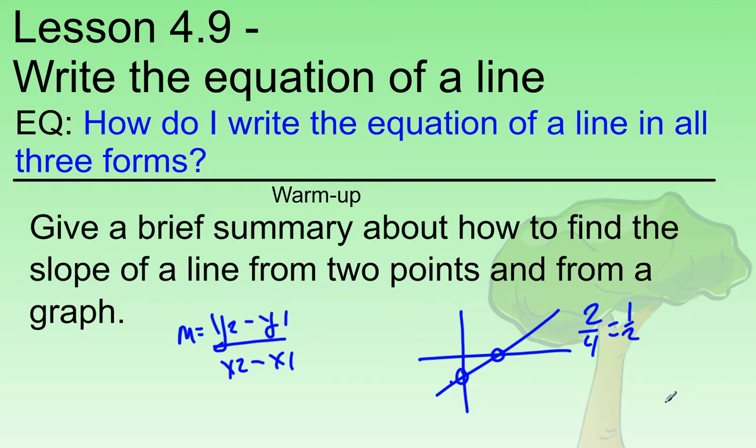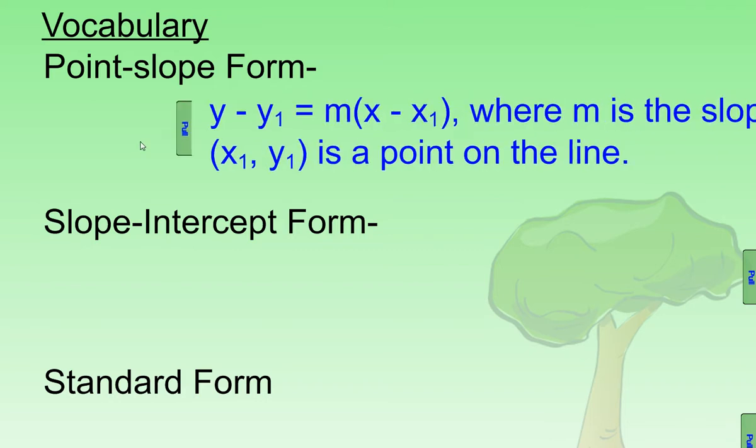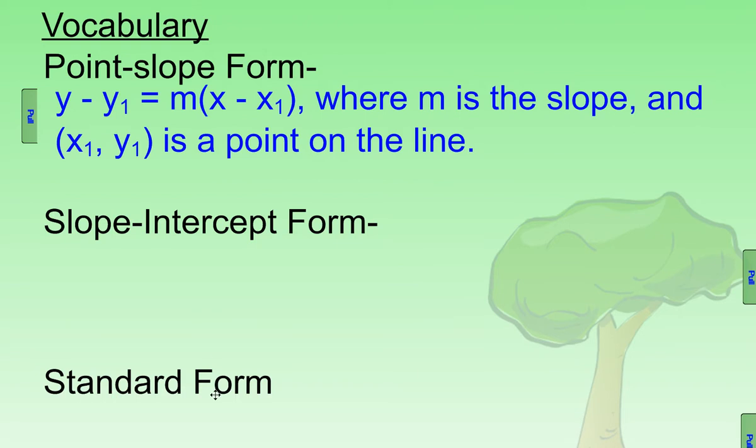That sort of thing. Okay, so our vocabulary, these are the three forms of a line, the three different ways to write the equation of a line. So the first one is called point-slope form, and it is the ugliest of the three. Point-slope form says y minus y1 equals m times x minus x1, where m is the slope.